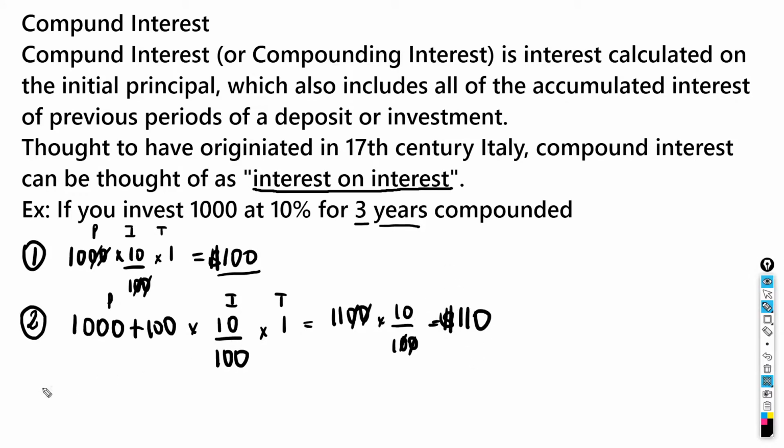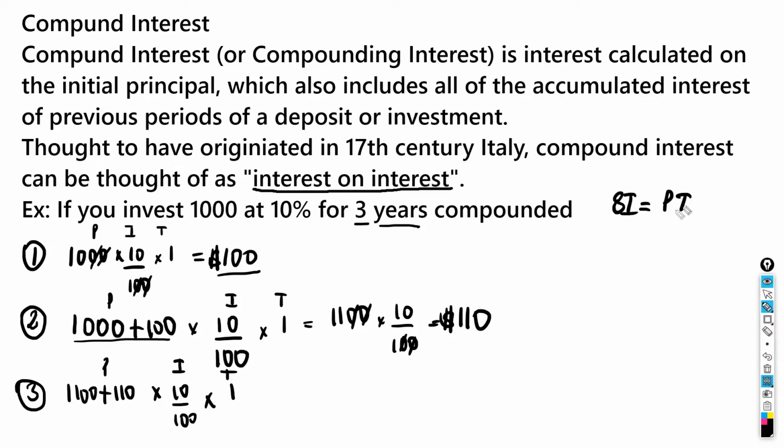So for the last year, the third year, you actually have to add this 110 to the 1100. So you're going to end up with 1100 plus the 110, multiplied by 10 over 100, multiplied by 1. Same thing, P, I, and T. Remember, the simple interest formula is equal to PIT over 100. In this case, the 100 is down here.